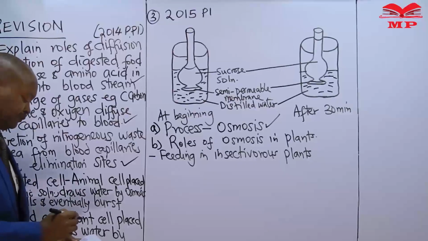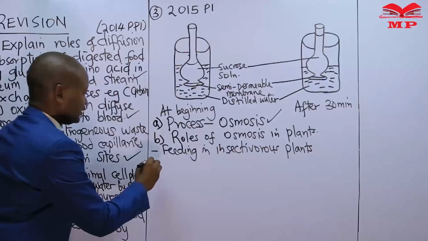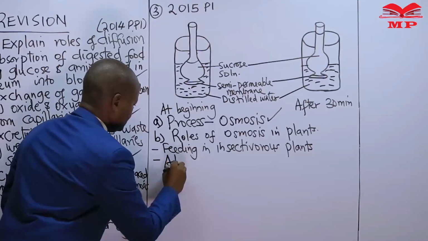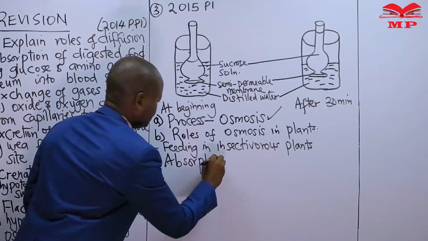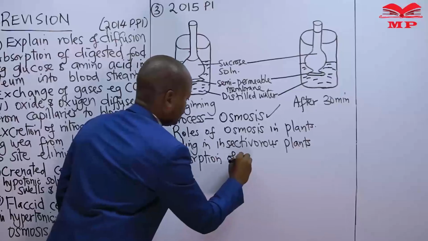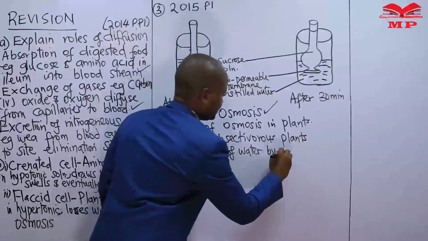Then the second response the learner was supposed to give was absorption of water by root hair cells.